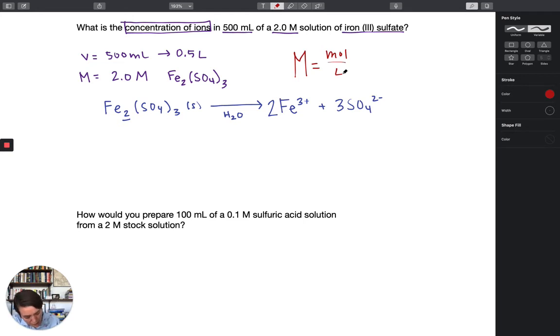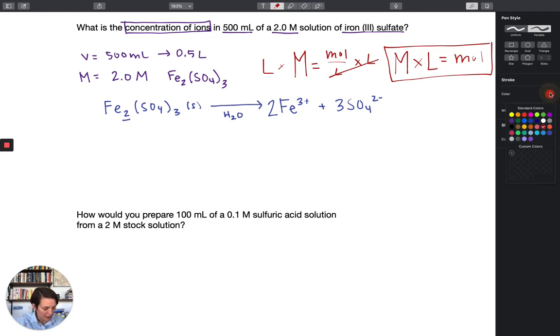So I want to figure out how many moles of my iron sulfate I have. I want to isolate moles on one side of the equal sign. So molarity times liters equals moles. This is brilliant, and you're going to love it by the end of chapter 4, because it means that you don't have to look at molar mass.